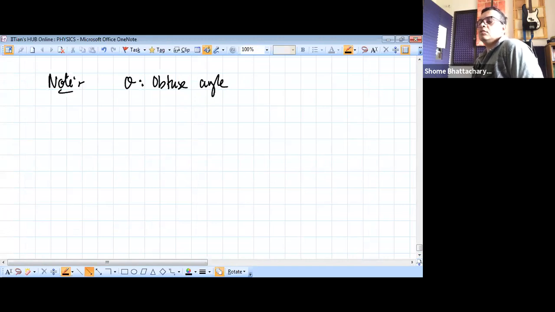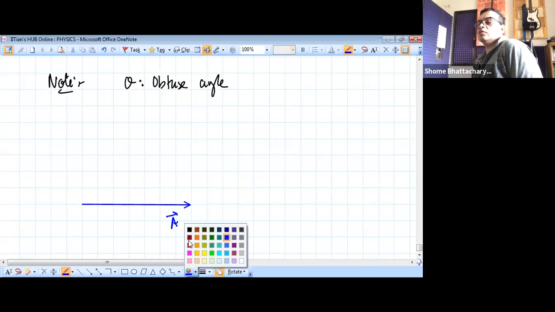So the vectors now they look like this. This is the vector A. In comparison, vector B is at an obtuse angle now. Vector B is somewhere here. Suppose we have a situation like this.